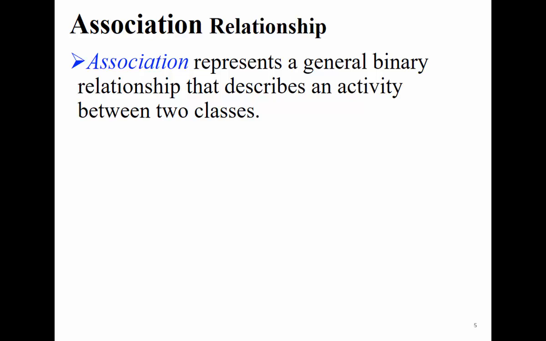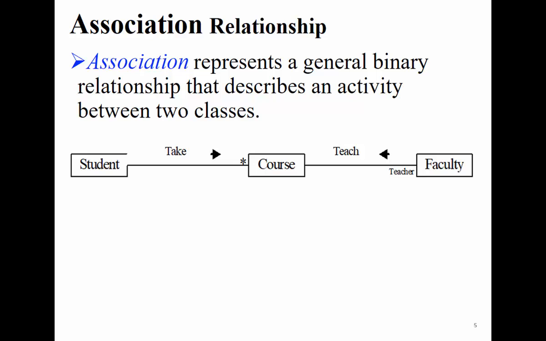Compositions and aggregation are both under the umbrella of what we call the association relationship, which represents a general binary relationship that describes an activity between two classes. Here is an example. We have a student takes a course. That's a relation.